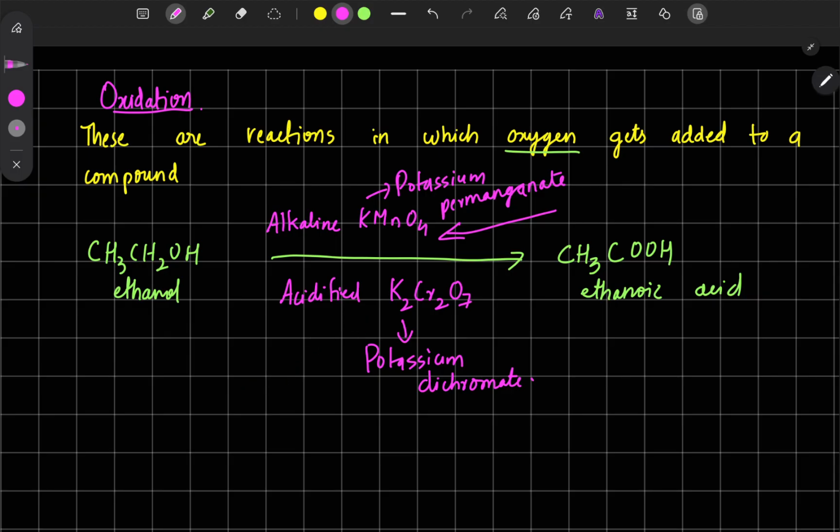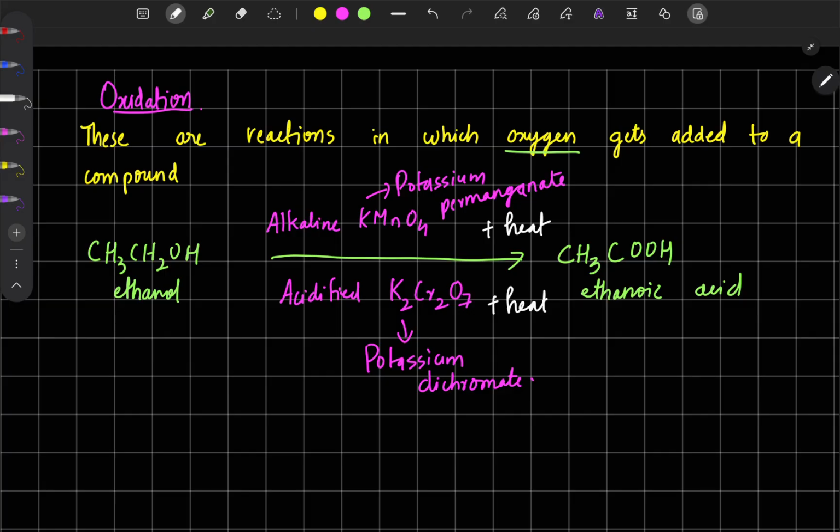These are two different things, but when ethanol is treated with either of them, we need to give some heat also. You just heat this mixture. So ethanol, when heated along with alkaline KMnO4 or acidified K2Cr2O7, gives ethanoic acid.